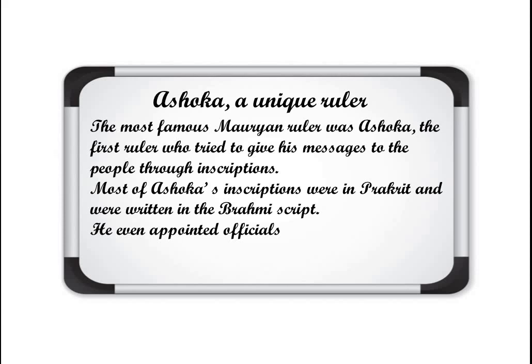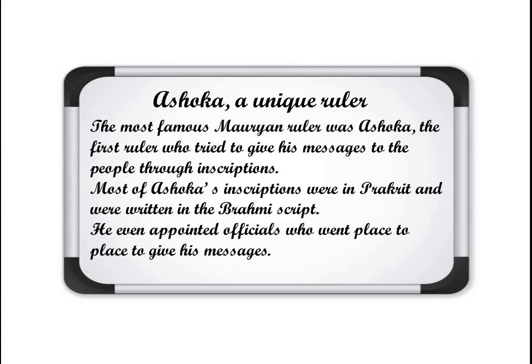He even appointed officials who went from place to place to give his messages. Clear? Some of the officials he appointed were known as Dhamma Mahamata. That also we will discuss when we discuss Ashoka's Dhamma. Clear? So the officials' duty was to give messages to the people in different lands.